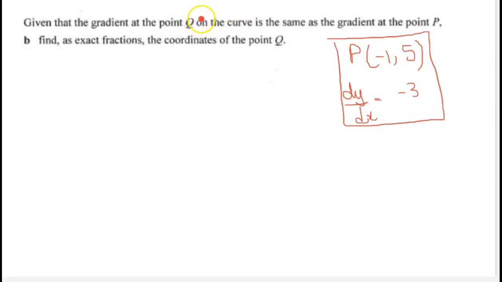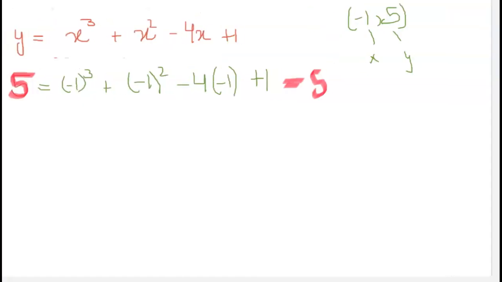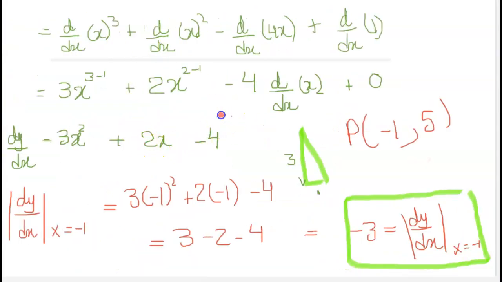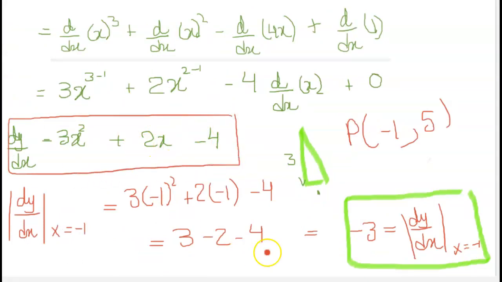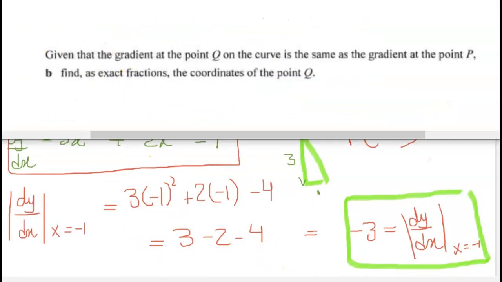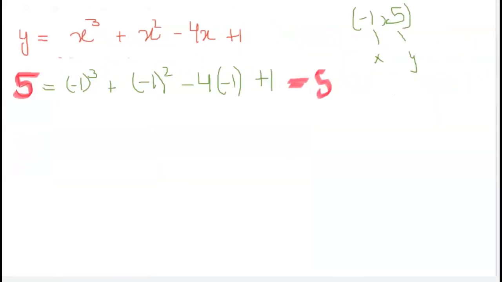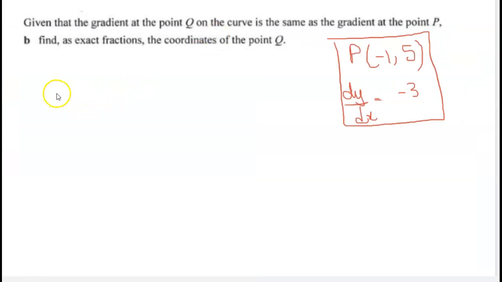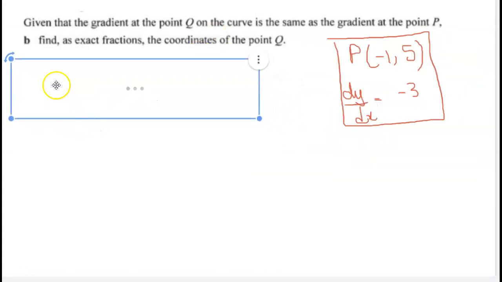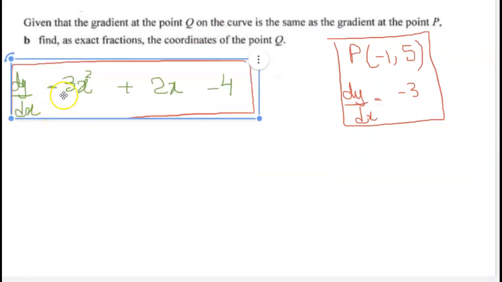I need to go back and look at my equation of the gradient. This is my equation of the gradient. So I'm just going to copy it: dy over dx equals 3x squared plus 2x minus 4.